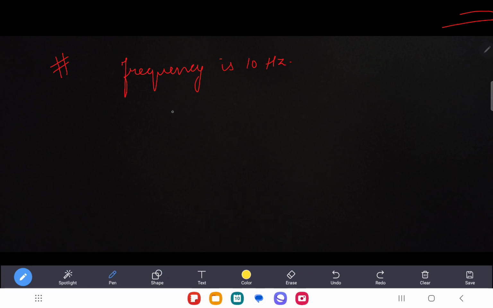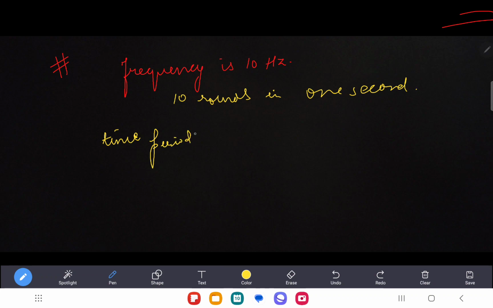It means 10 rounds in 1 second. So my question is: what is the time period of one round? 1/10. So 10 rounds happen in 1 second.